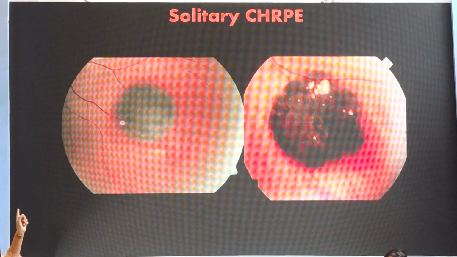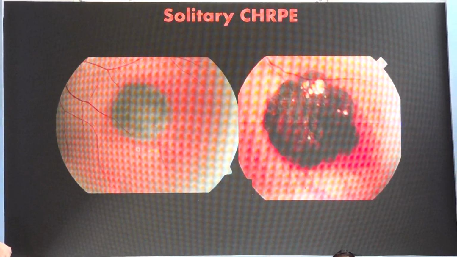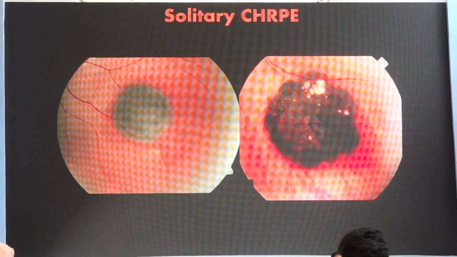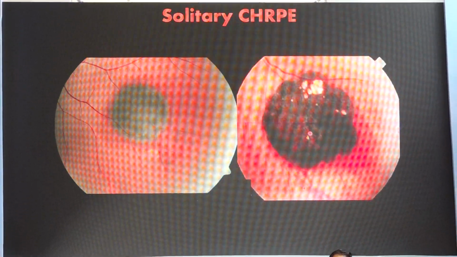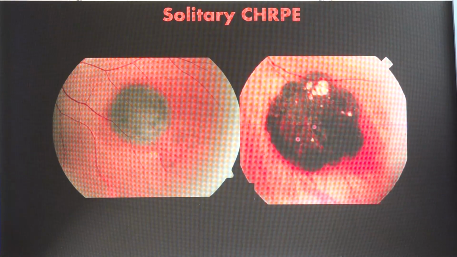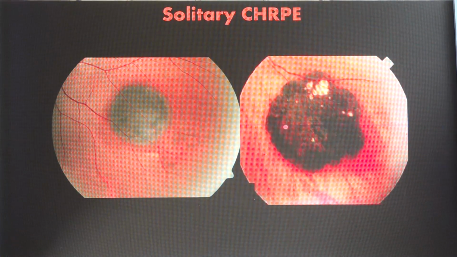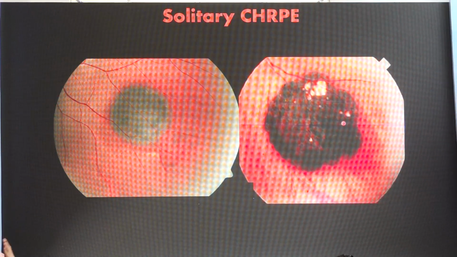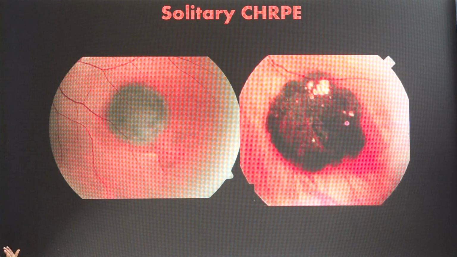Sometimes it looks like this as a completely pigmented lesion, or sometimes you can have these halos or lacunae, which is also a characteristic of the solitary CHRPEs. The common conditions this can be confused with are a peripheral choroidal nevus or choroidal melanoma.